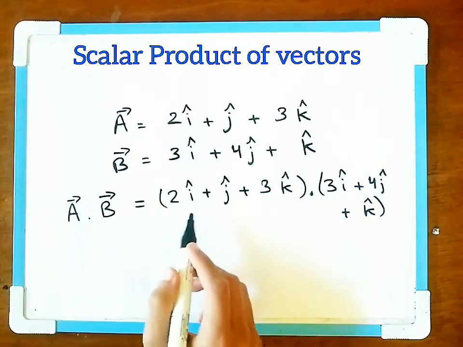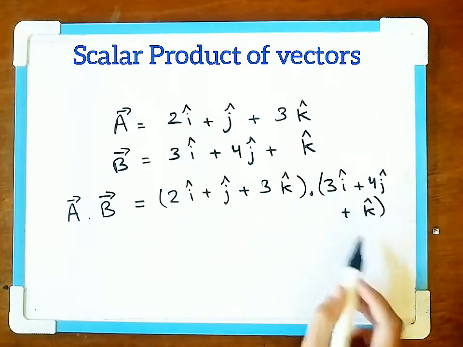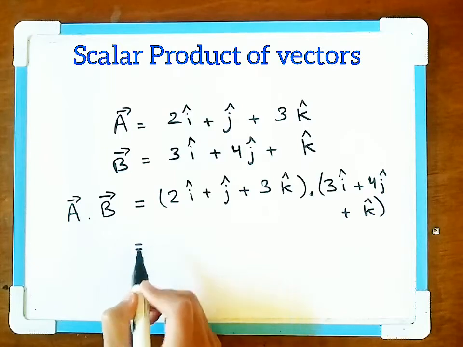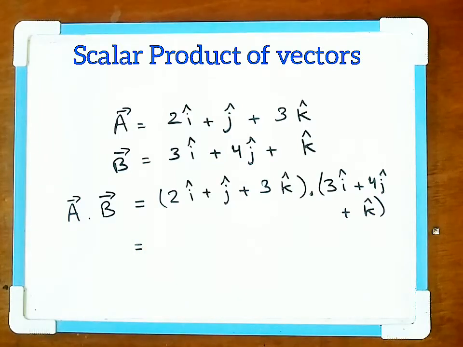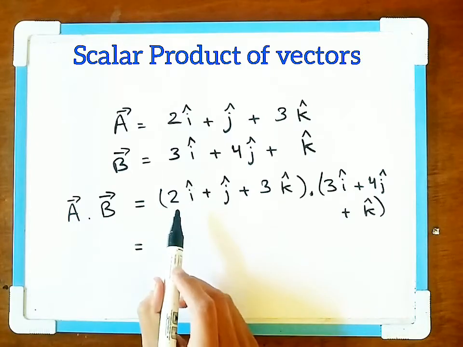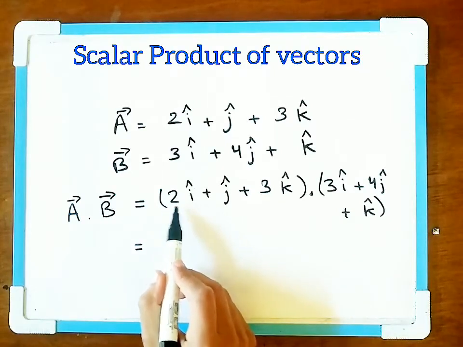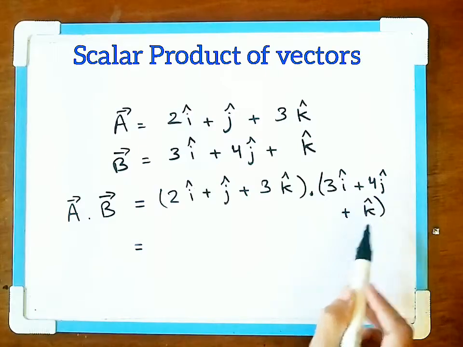So a dot b is equal to a dot b. Now in this dot product, we'll have to take the dot product of each vector in a with each vector in b.